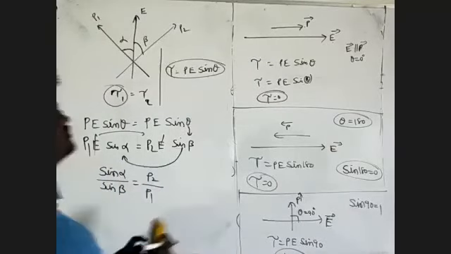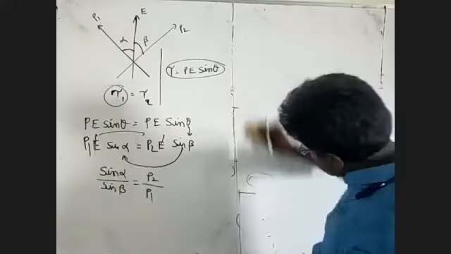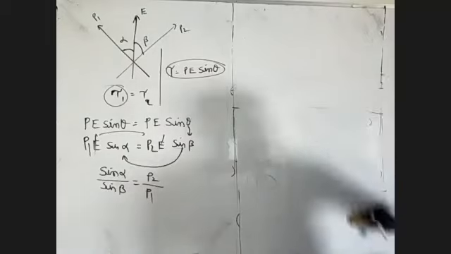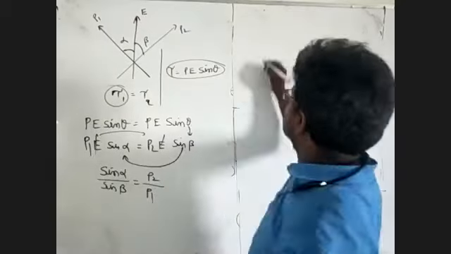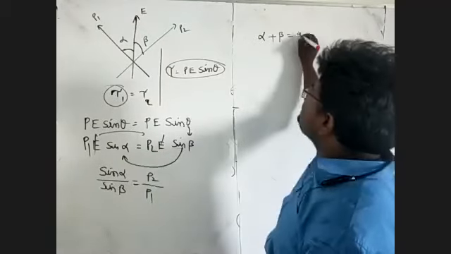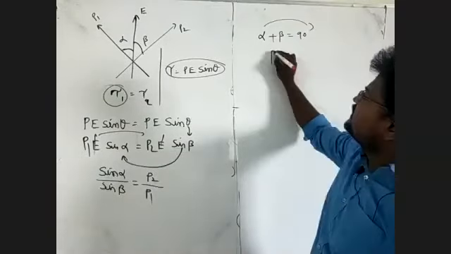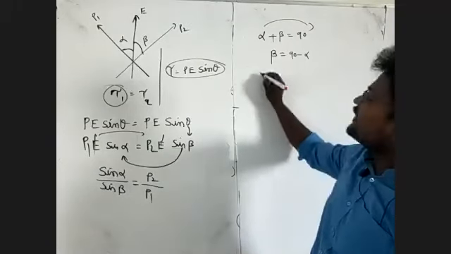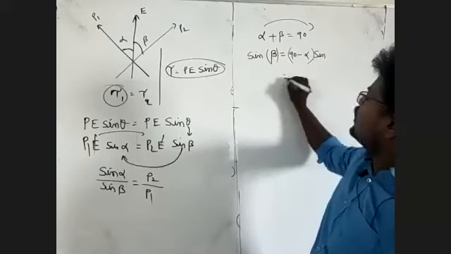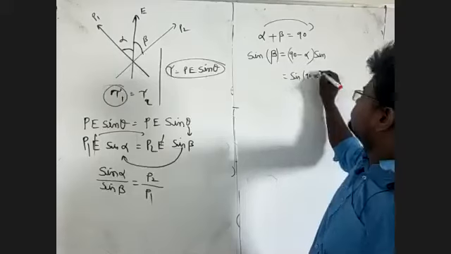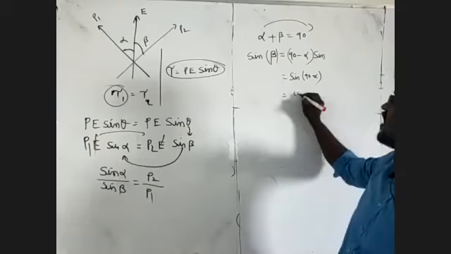Now in this situation, what will happen? Actually, the angle between the two is alpha plus beta, which is equal to 90 degrees. So beta is equal to 90 minus alpha. Now applying sin, sin of 90 minus alpha becomes cos alpha.